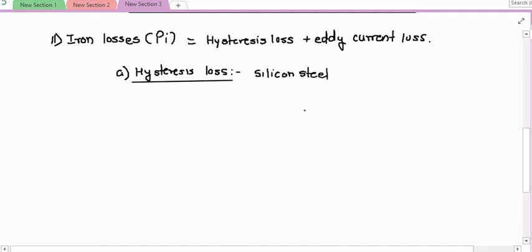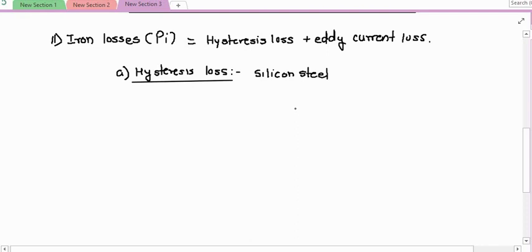Silicon steel is a soft magnetic material, and we have seen that a soft magnetic material has a smaller hysteresis loop area, hence less hysteresis loss. So a magnetic material such as silicon steel has a hysteresis loop with very small area. Hence, such materials are normally preferred for the construction of the core.